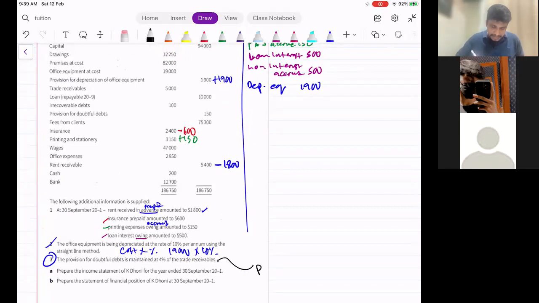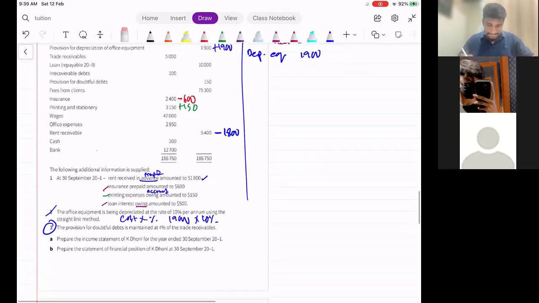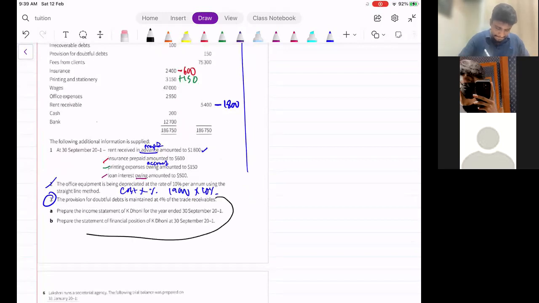PDD, do you remember the PDD formula? Read the line. The line will tell you the formula actually. Is it 4/100 times?